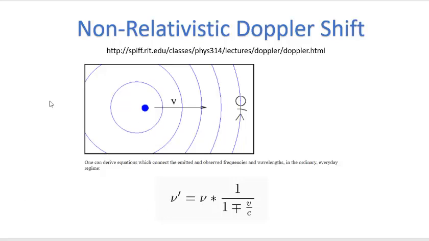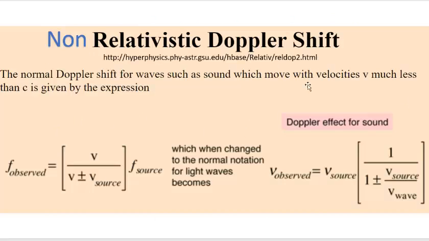And so when you look at the Hyperphysics definition of the non-relativistic Doppler shift, you'll see something like the frequency observed is equal to something, the velocity of source, and the frequency of source. So in this iteration of this equation, the F means frequency and V means velocity.